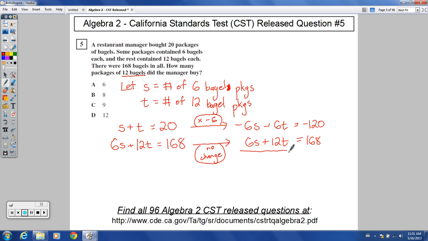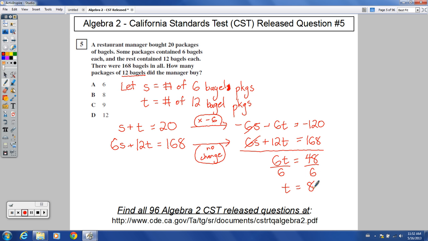Putting those two equations together, it's like a balance or a scale that you might see in science class. You add something that's equal to something else that's equal, and it's still going to be equal. This will cancel here and here. You'll have 6T equals 48. If you divide both sides by 6, you'll get your answer that T equals 8.